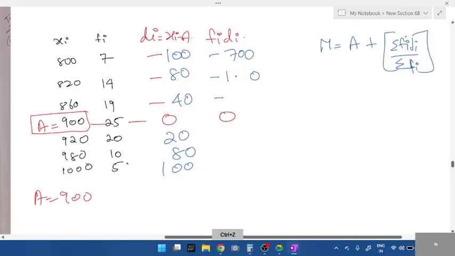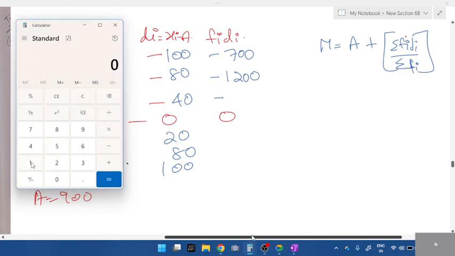1120. No, no, not 1001. 80 plus 120. 1200. Not 1120. What is 15 into 80? Oh, sorry, 1120.